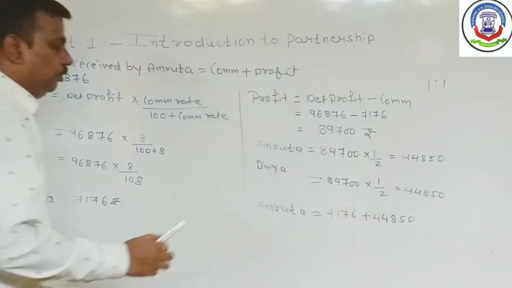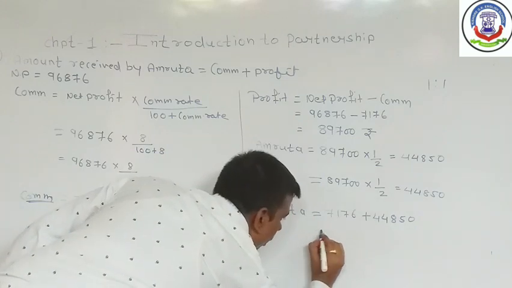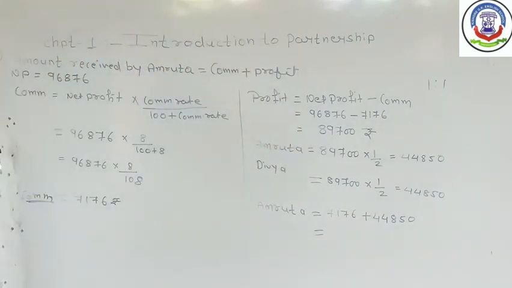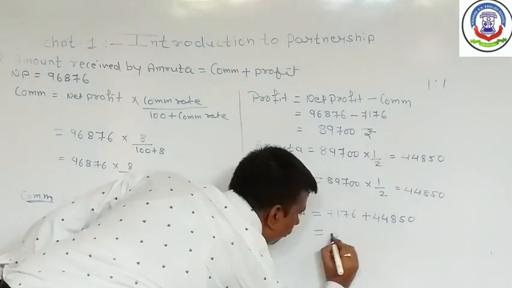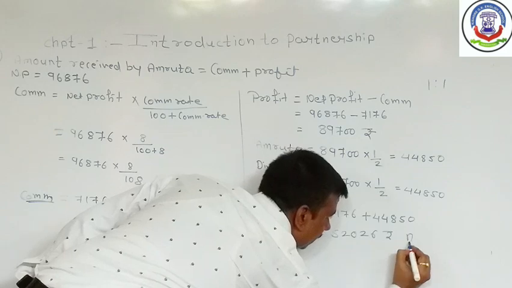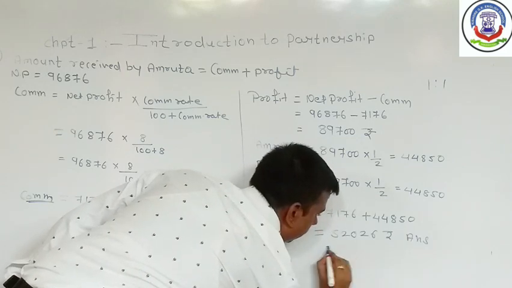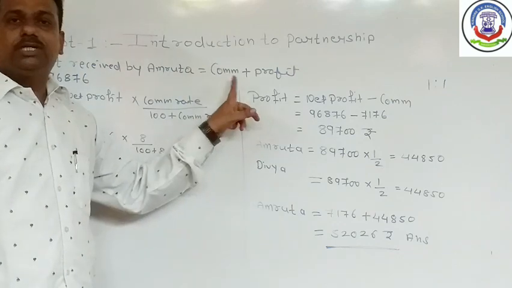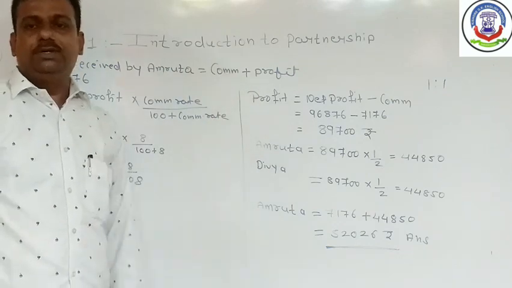The total amount received by Amruta including commission and profit is rupees 52,026. This is the total amount received by partner Amruta, including commission as well as profit.